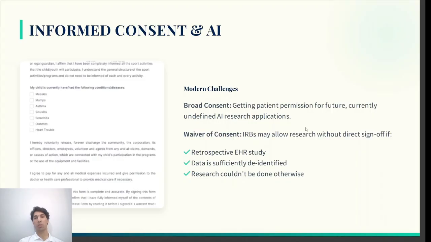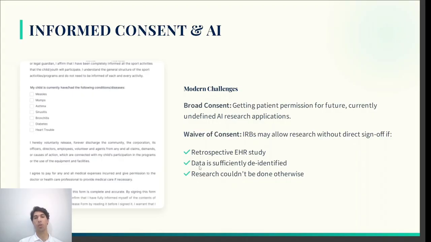So IRBs may allow research without direct sign-off if these three things hold true. First, if the study is a retrospective EHR study, which means we are studying trends, long-term patient history and past data, the IRB may allow us to do that research without direct sign-off. The second thing is if the data is de-identified.